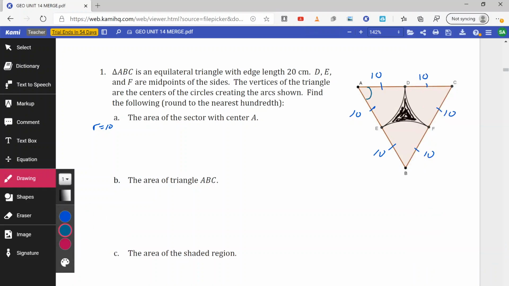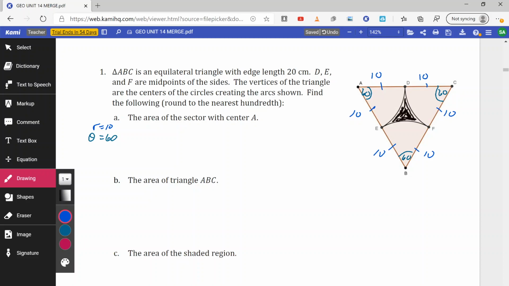So angle A is going to be 60, angle C is going to be 60, and angle B is going to be 60. Hence equilateral triangle. Sides are the same, angles are the same. So we have a central angle of 60 degrees, and we can use the area of the sector proportion equation to figure out the area of the sector with center A.